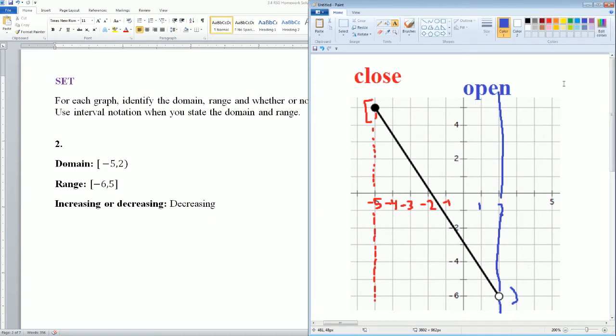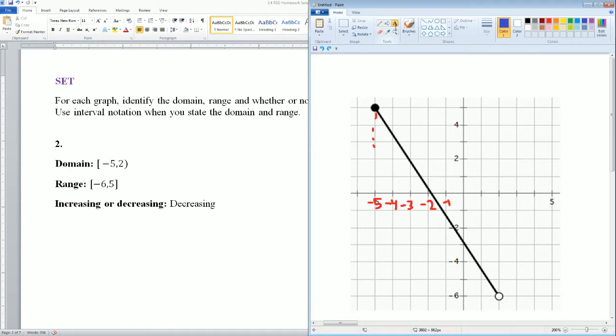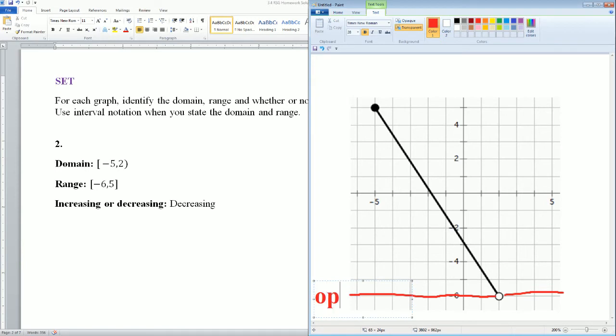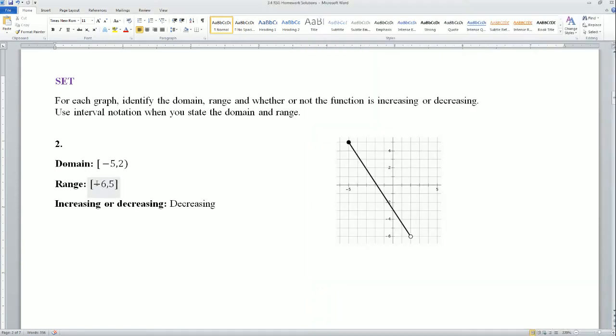Okay, the next one we could see is the range, and the range refers to the y value. Okay, let's see that. So we look at the lowest value. Oop, look, does it include -6? It's open at -6, right? So my answer looks wrong. It should be open at -6.